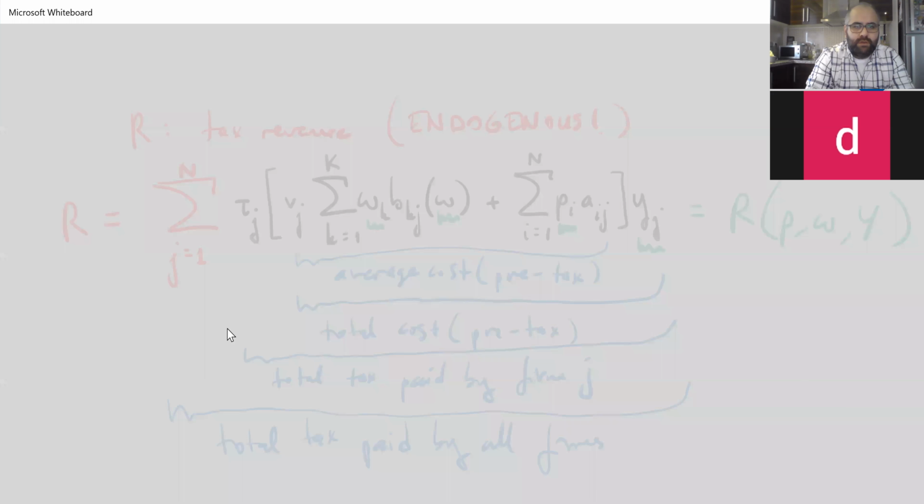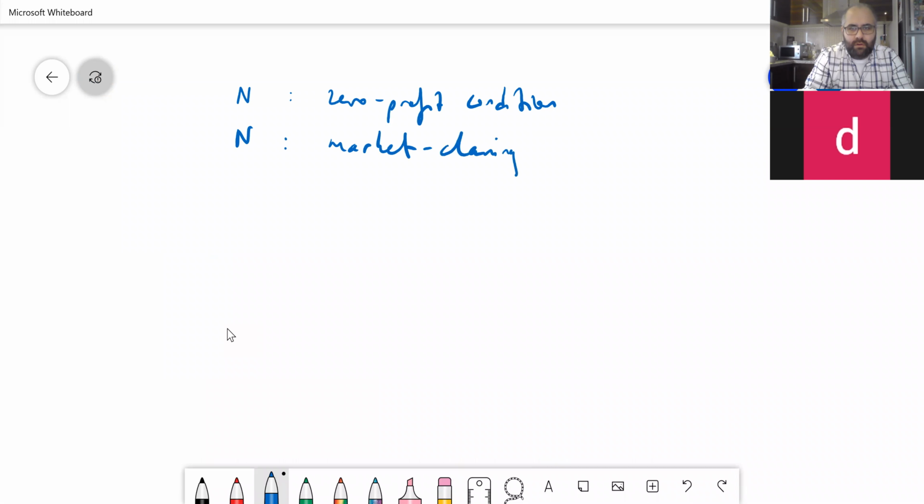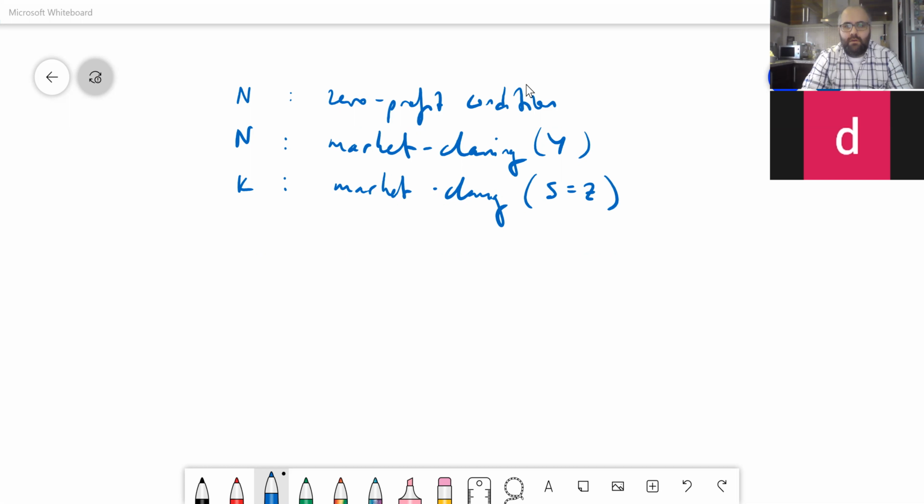Okay, so if you recall, we will have n different equations for zero profit condition, n different conditions for market clearing for y, and k different equations for market clearing for factors. So S equals Z, if you remember.